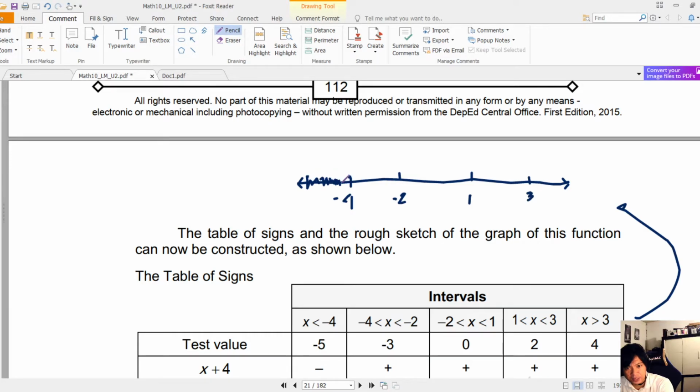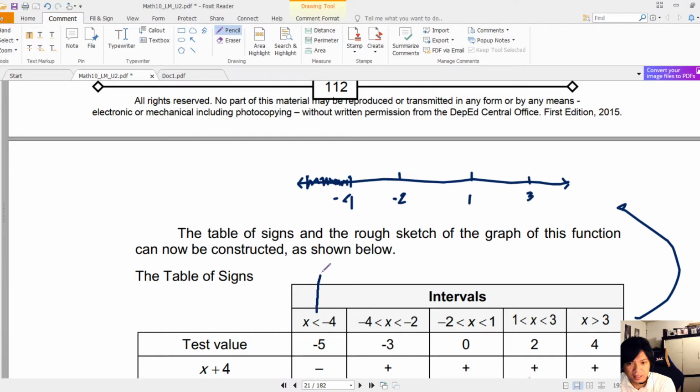Ito yung mga values ng ating interval. These are the values of x. Yung dyan na mga interval. So, yung values dyan, ibig sabihin dyan, from the leftmost, kasi infinity may ito siya, so ibig sabihin, the values of our x here are less than negative 4. So, kaya meron siyang x is less than negative 4 dito.